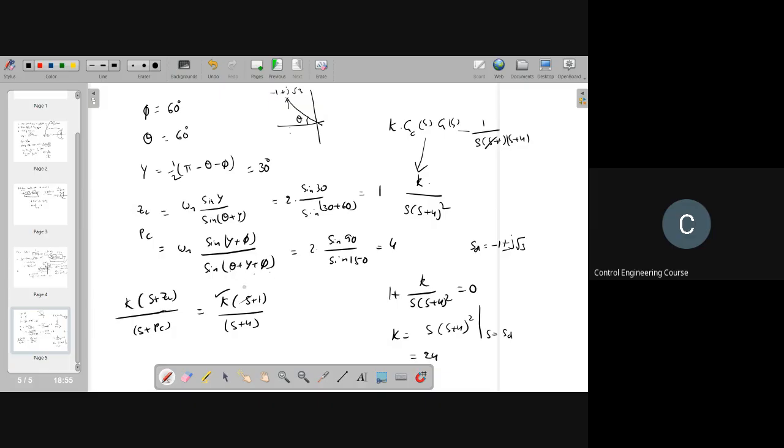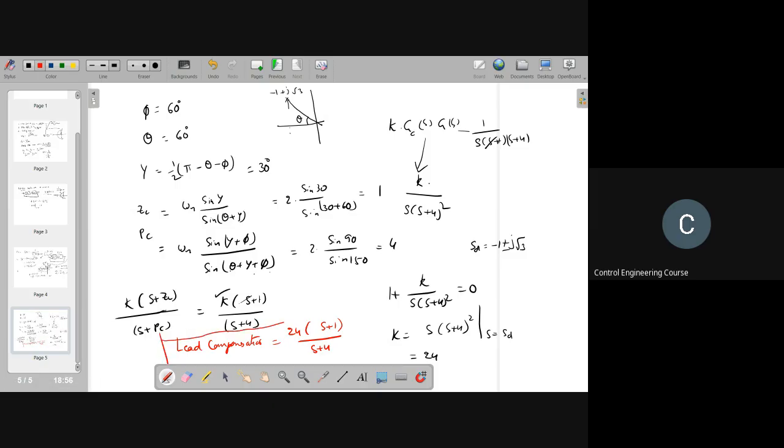Right? So now the overall compensator is K equal to 24 into S plus 1 by S plus 4. This is your compensator.